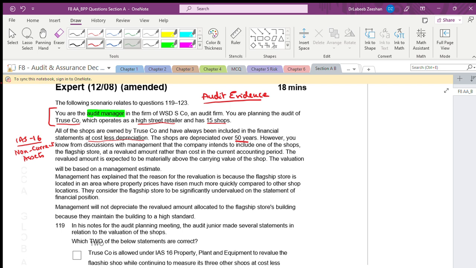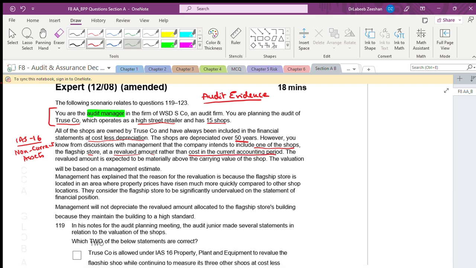However, you know from your discussion with management that the company intends to include one of the shops, the flagship store, at a revalued amount rather than cost in the current accounting period.